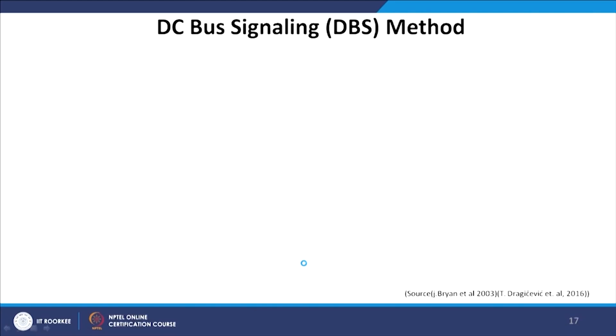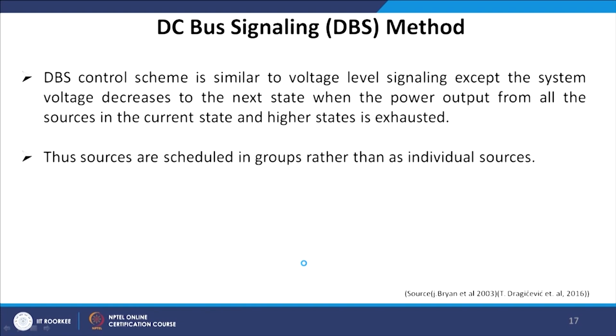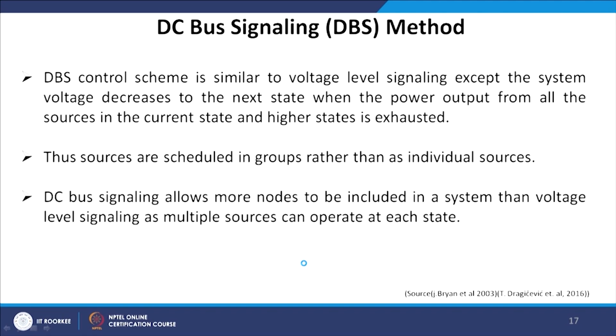Now, let us move to the DBS method, that is the DC bus signaling approach. The DBS control scheme is similar to voltage level signaling, except the system voltage decreases to the next state when the power output from all the sources in the current state and higher state is exhausted. Thus, sources are scheduled in groups rather than as individual sources.